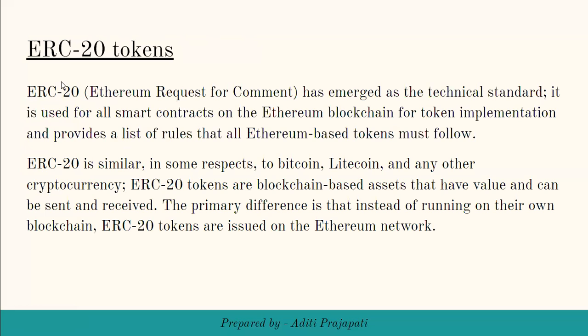For ERC20, the full form of ERC is Ethereum Request for Comment, and 20 is just a number assigned to this standard. It has emerged as a technical standard used for all smart contracts on the Ethereum blockchain for token implementation, and provides a list of rules that all Ethereum-based tokens must follow.